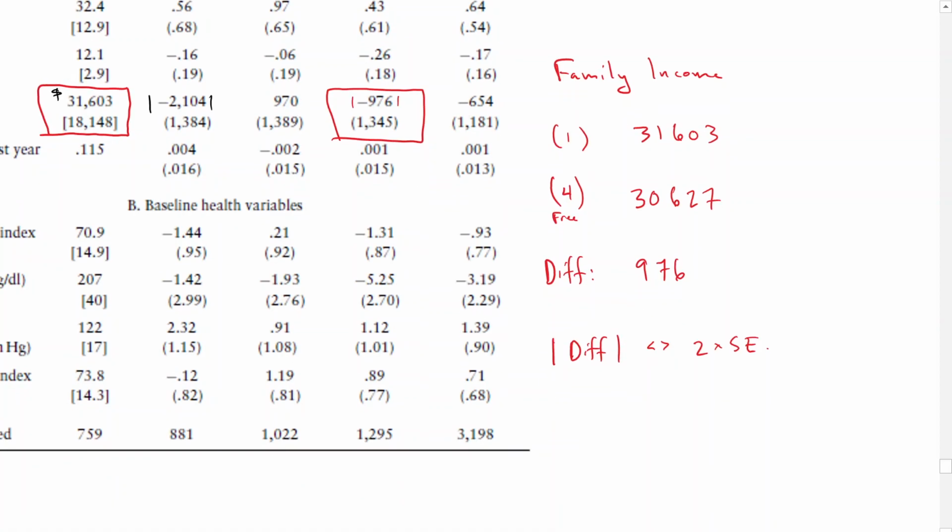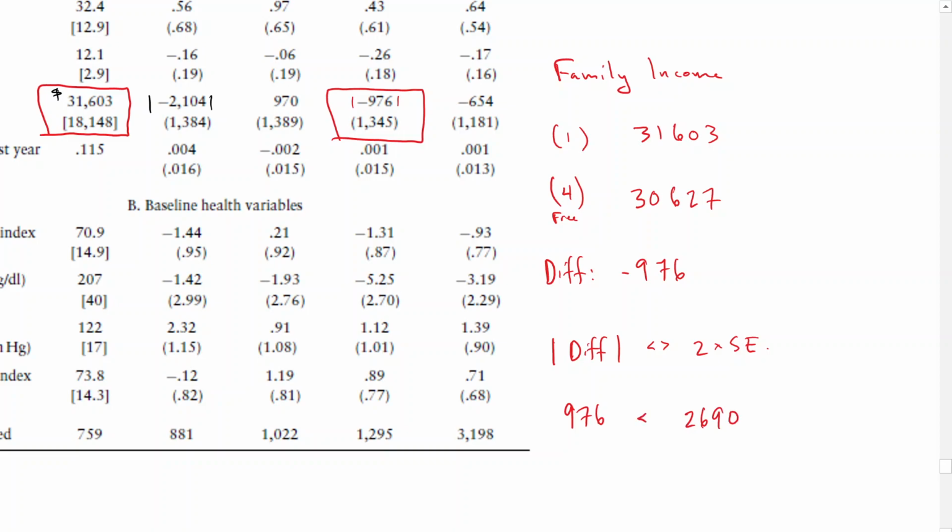The difference is actually minus 976, but the absolute value of the difference is 976. 2 times the standard error is 2 times 1345, which is 2690.